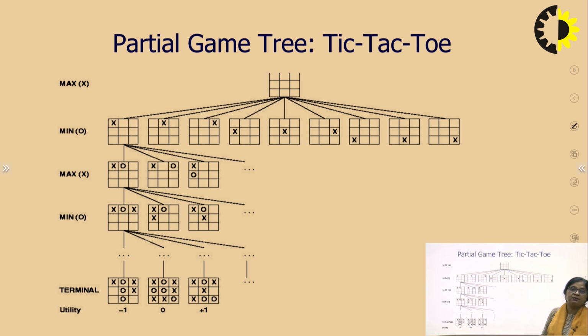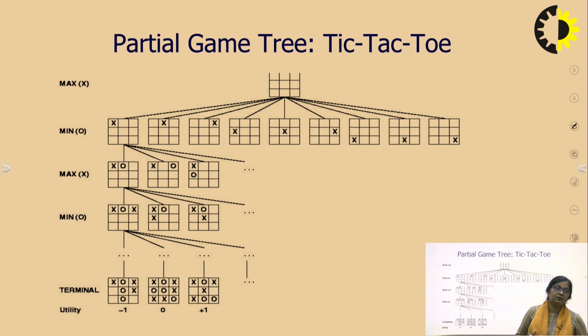Now what will Max do? As we are playing tic-tac-toe, Max has to put its symbol in one among these 9 cells. So let me take the X symbol for Max and the O symbol for Min. Max will go on putting the symbol X and Min will go on putting the symbol O. What will be the winning condition?